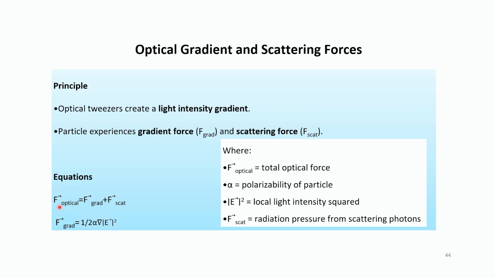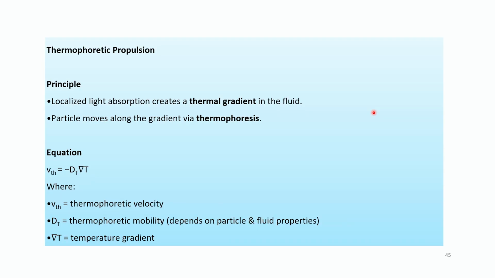Here F optical is the total optical force, alpha is the polarizability of the particle, this is the local light intensity squared, and this is the radiation pressure from the scattering photons. So what is the result? Thermophoretic propulsion is the resulting phenomenon.